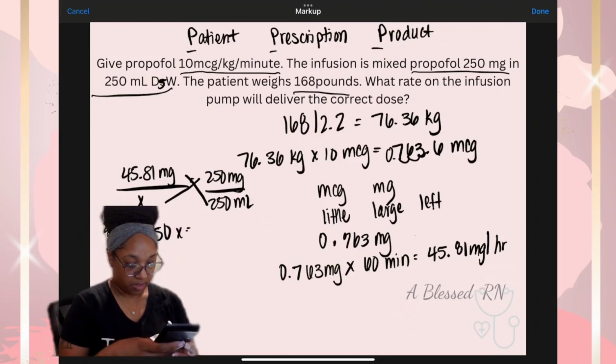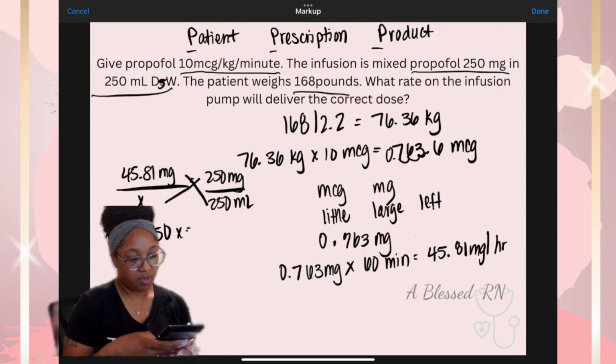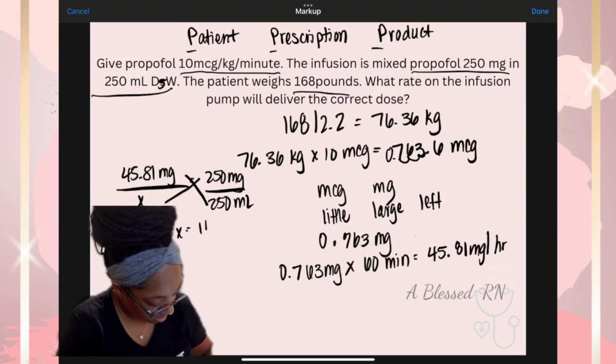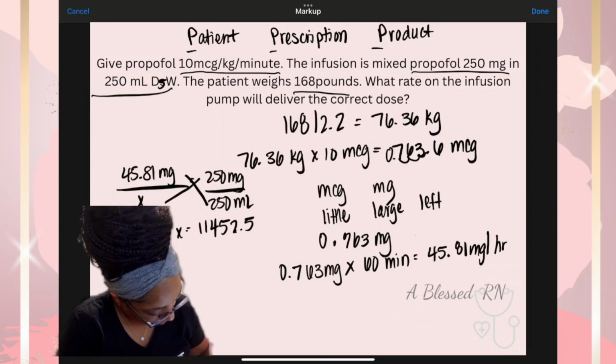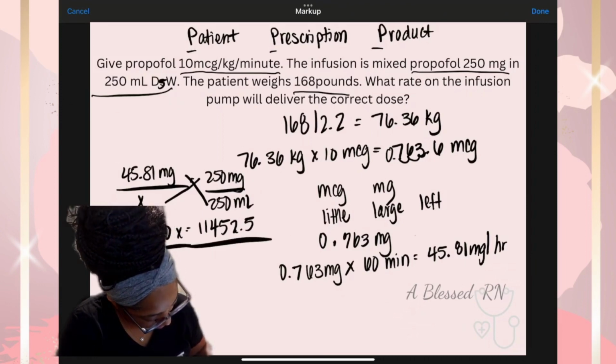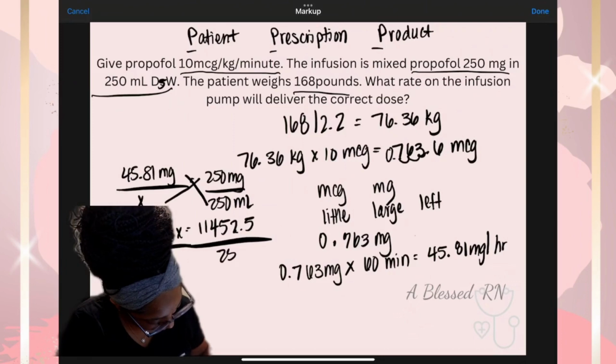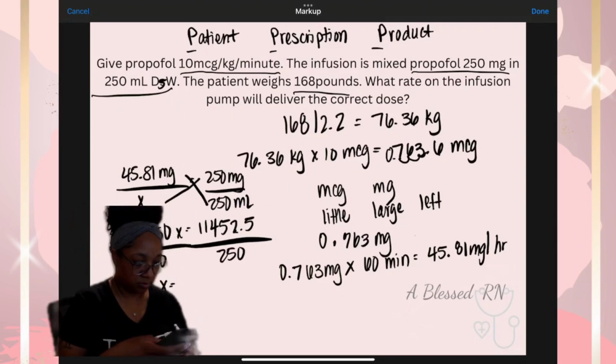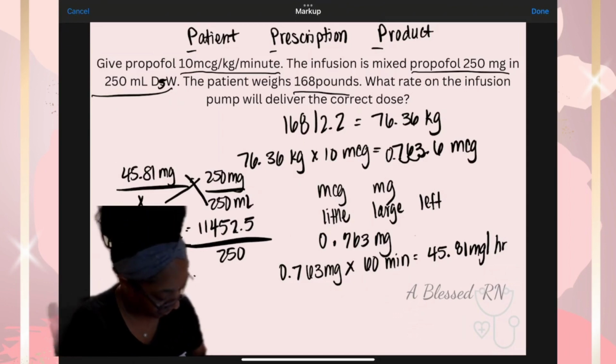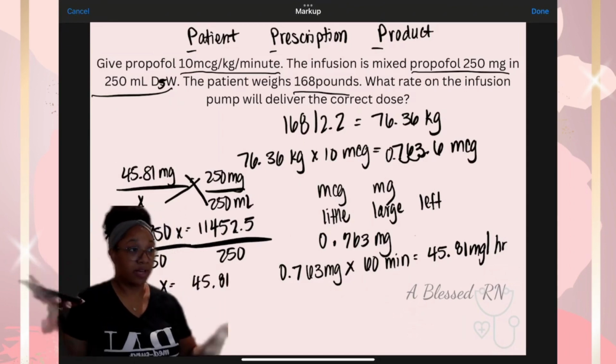And what's 45.81 times 250? It's going to be this number right here. Lo and behold, it's 45.81.